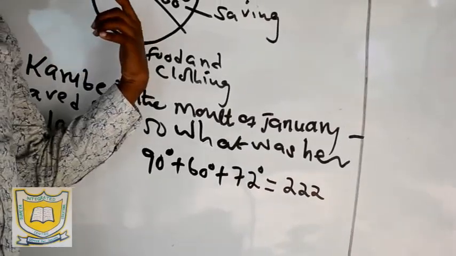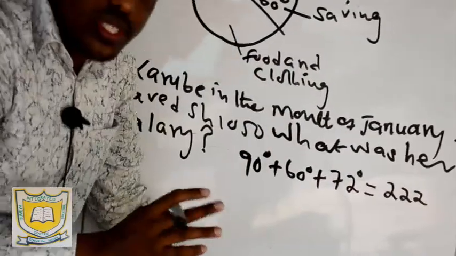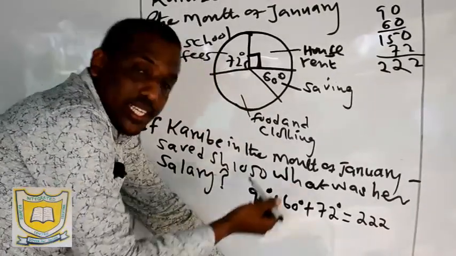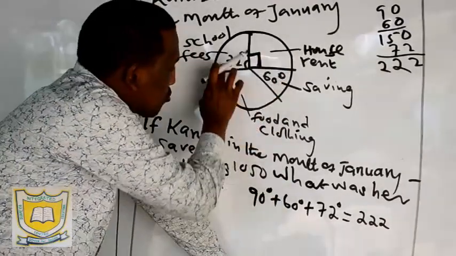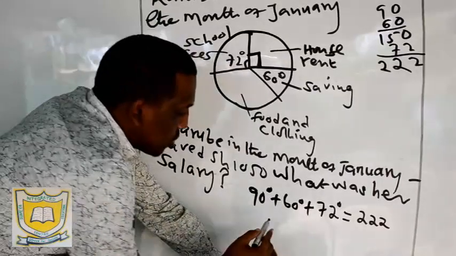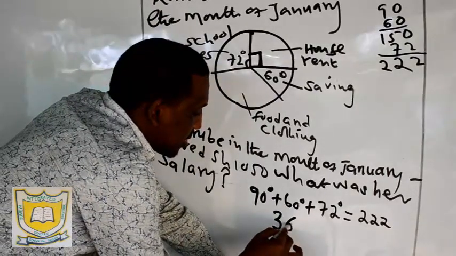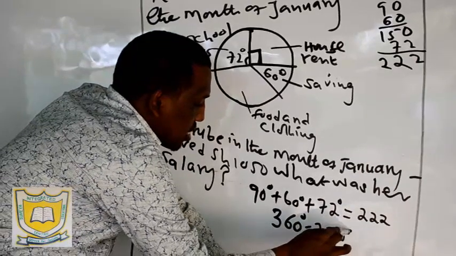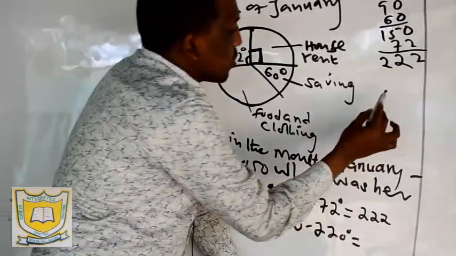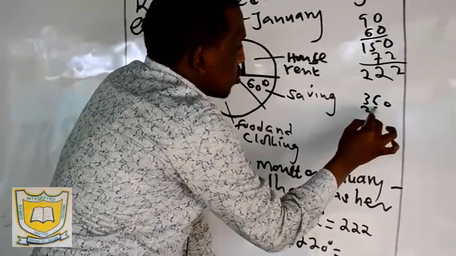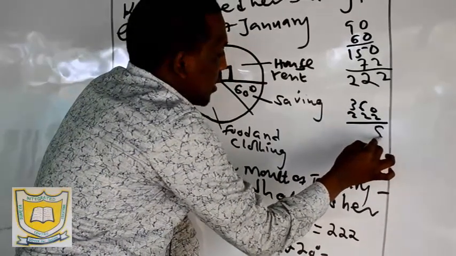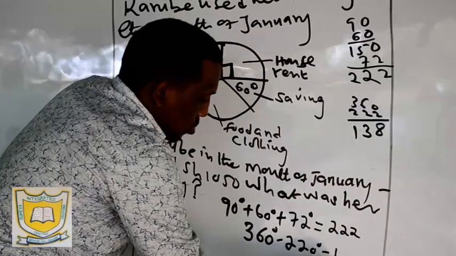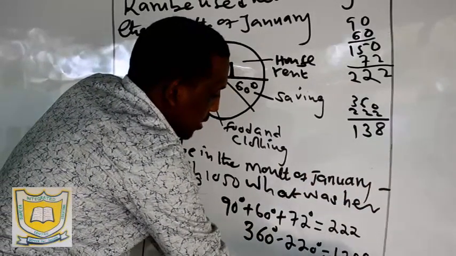How do we get the degree for food and clothing? I said a pie chart always has 360 degrees. The total degrees of all four portions add up to 360 degrees. So we say 360 degrees minus 222 degrees. We subtract: 360 minus 222 is 138 degrees.